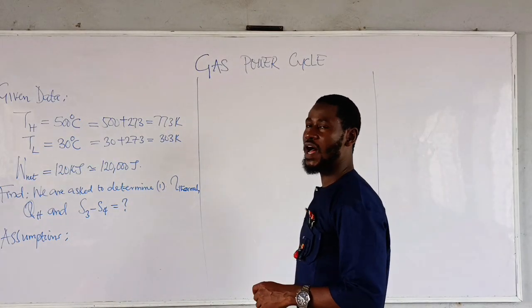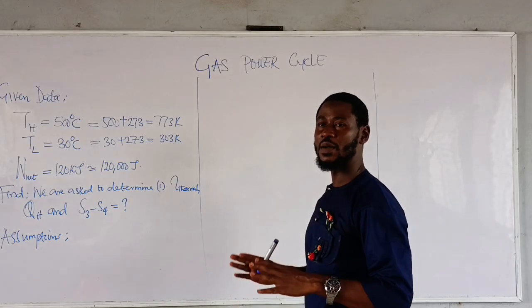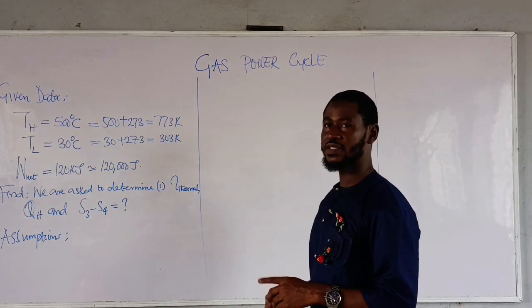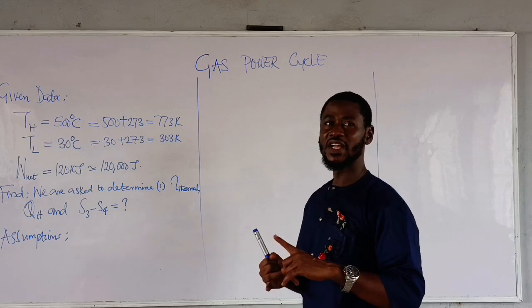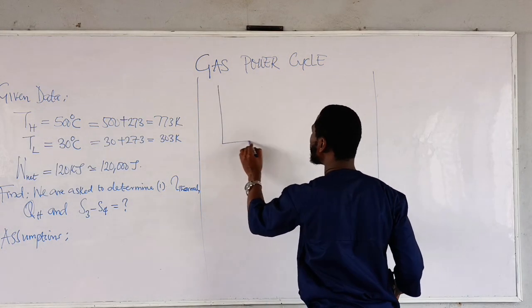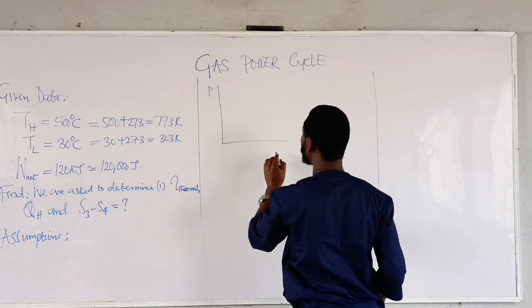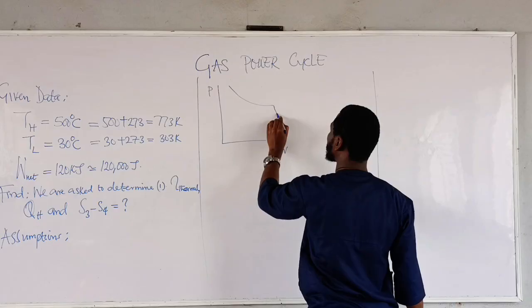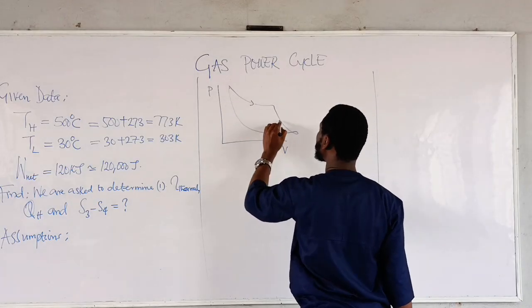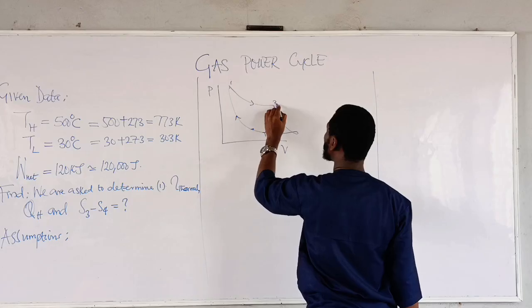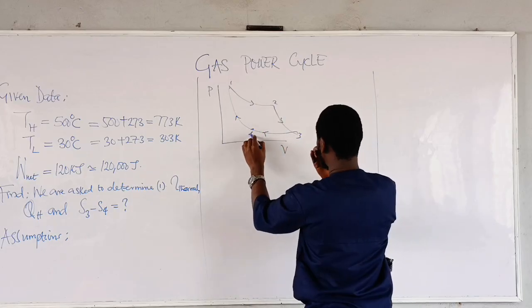Those are the two assumptions that we can bring out of the question. The next step is step 4. Bring out a schematic. Represent both on PV and TS diagram. Since it's a Carnot cycle, it involves what processes? 1 to 2, 2 to 3, 3 to 4.